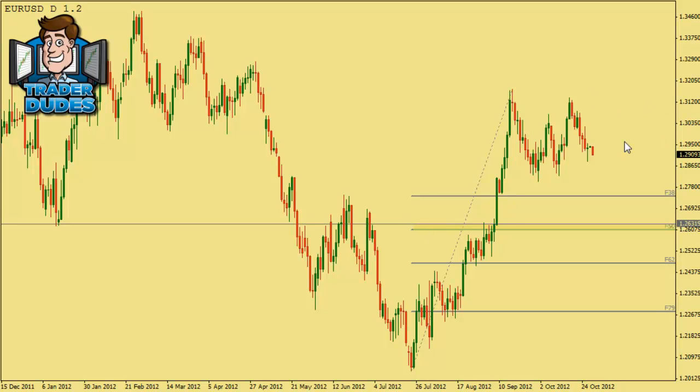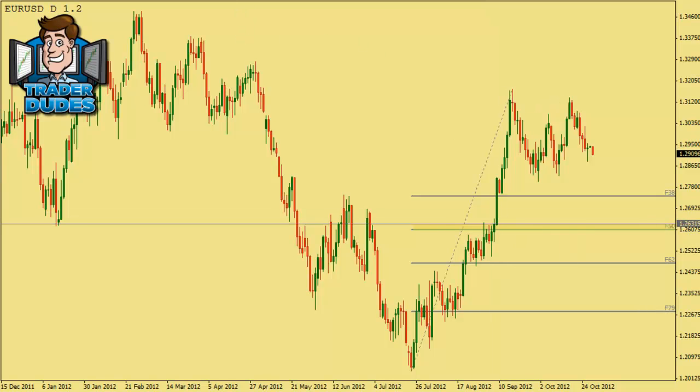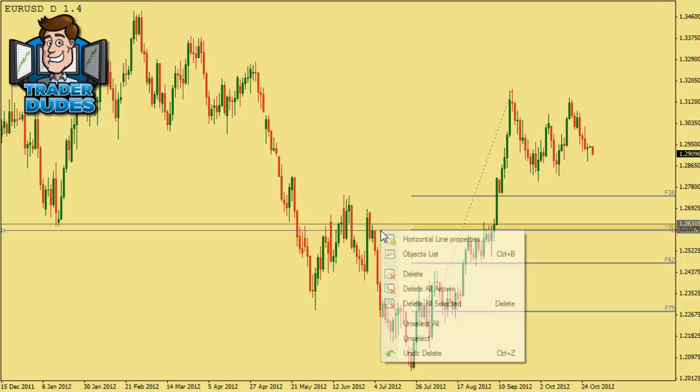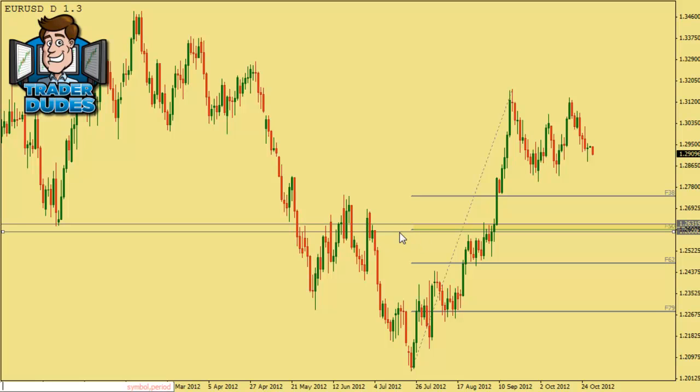Ideally, the next thing we look for would be a round number. This SR level is roughly at 1.2630, so we could call 1.2600 our round number level, and that does strengthen the case somewhat.